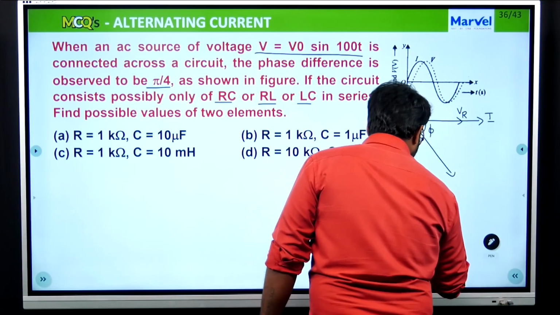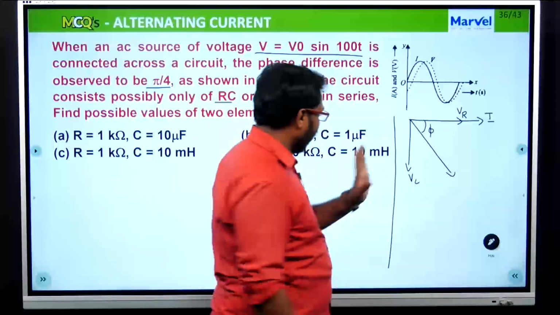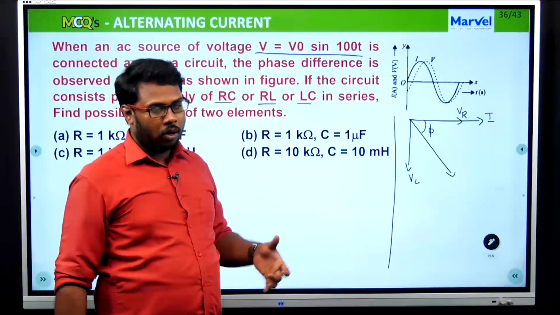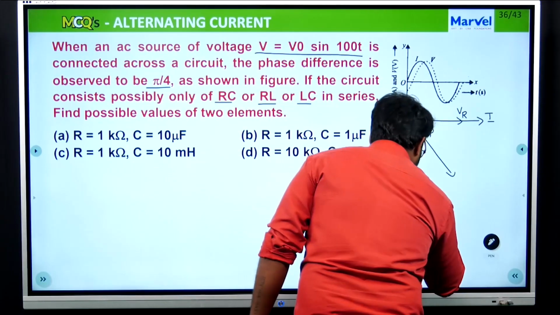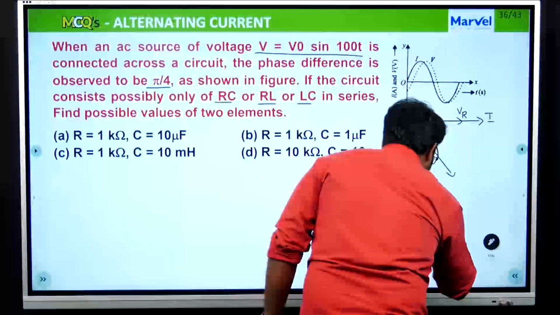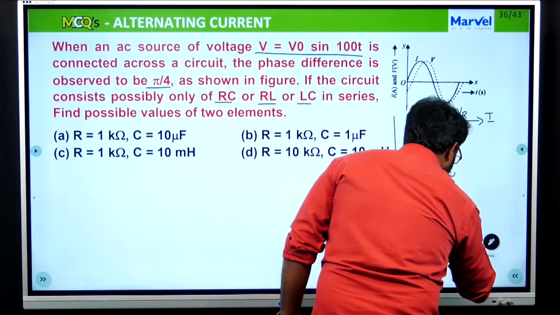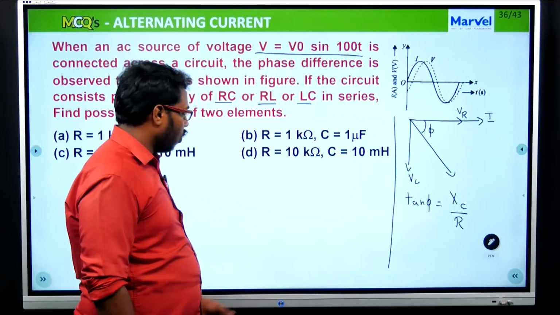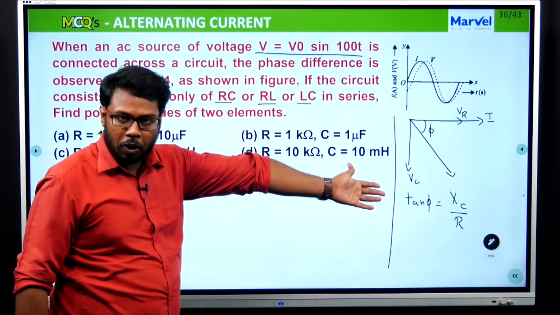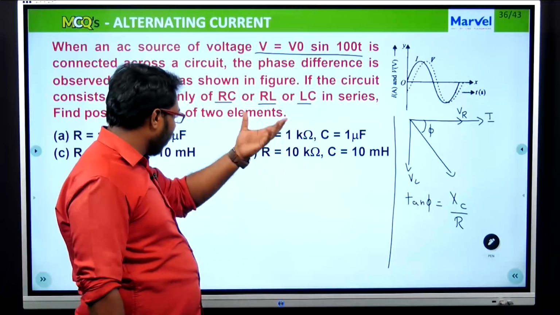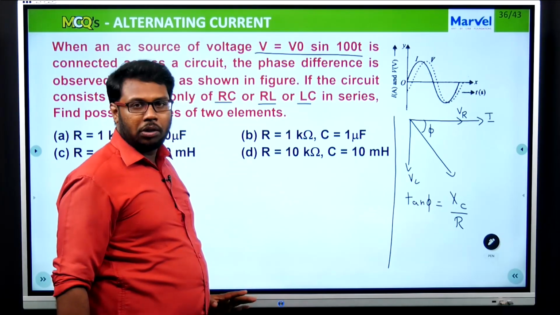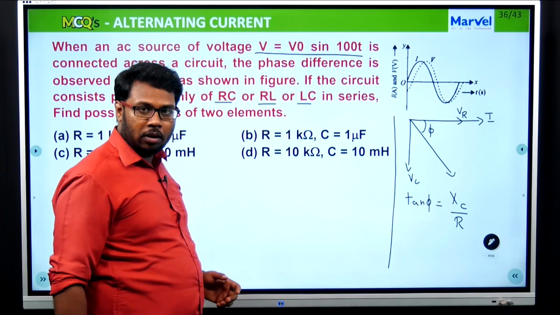So tan phi is nothing but VC by VR, which is nothing but XC by R. XC can be written as 1 by omega C, but unfortunately we require both C and R. So I will not go for this equation.